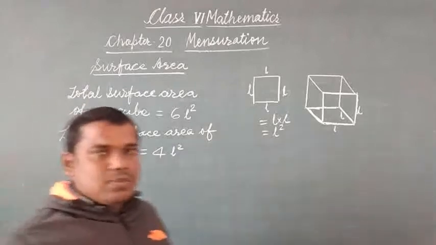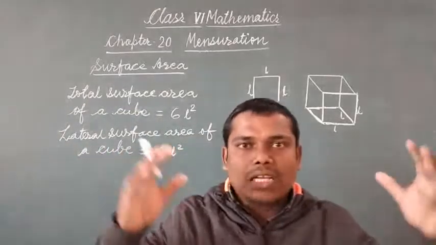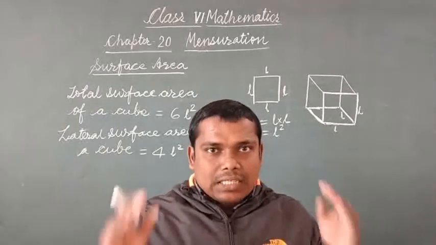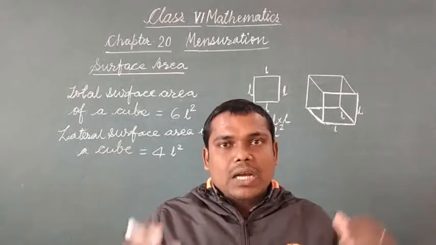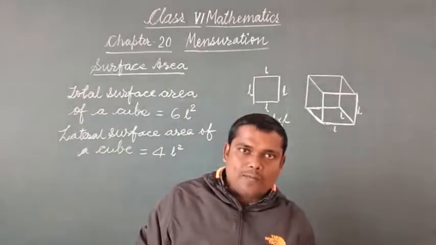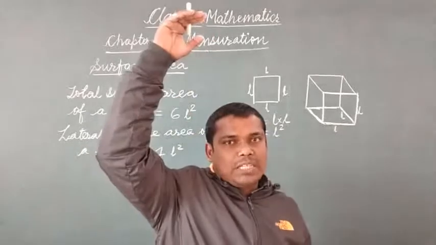Why 4L square? Because there are 4 walls in a cubical room and the lateral surface area will be only the area of these 4 walls. We will not consider the area of the floor and the area of the ceiling.